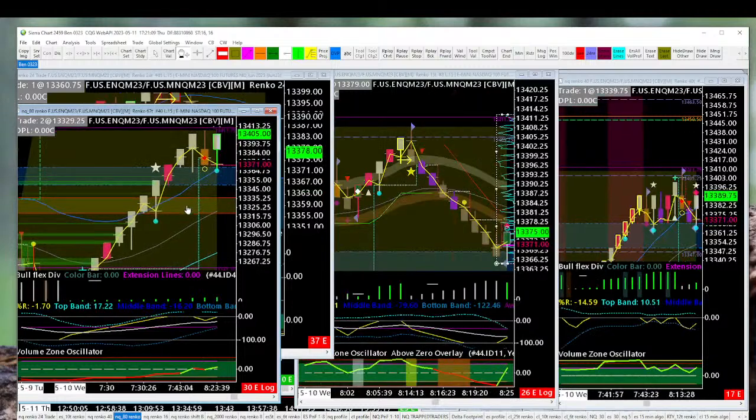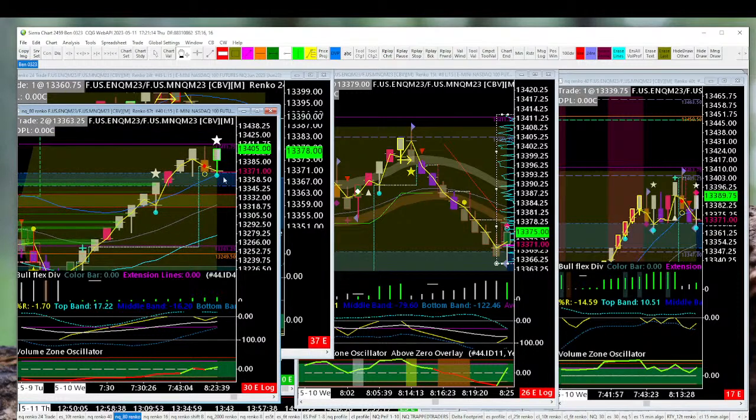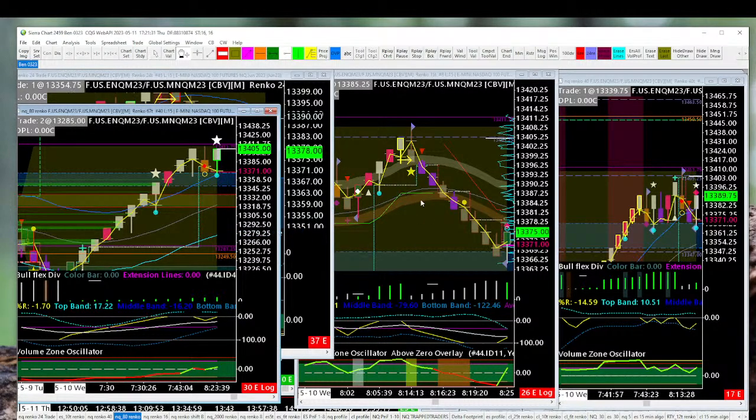See the channel? We want to see bullish stars at the bottom of the channel, not at the top. This guy is at risk of getting trapped, right? But we don't know he's a star until 13,405. So if I put that there-ish, that's where that one is confirmed.